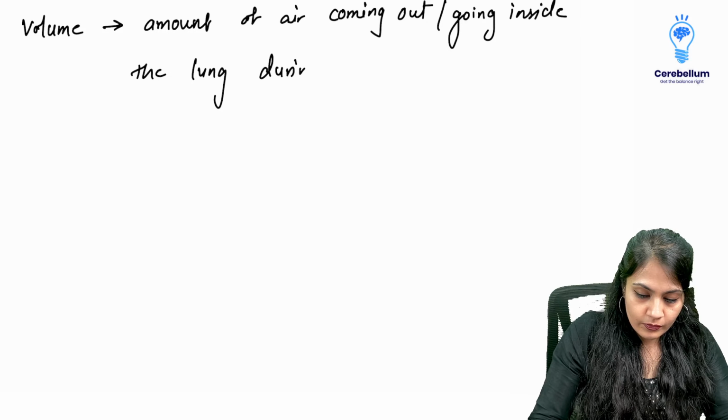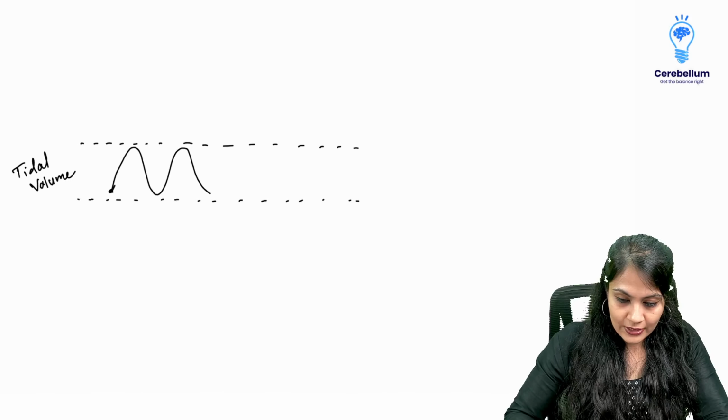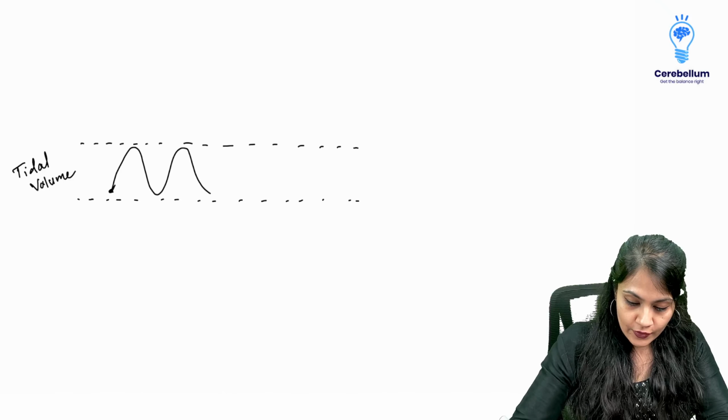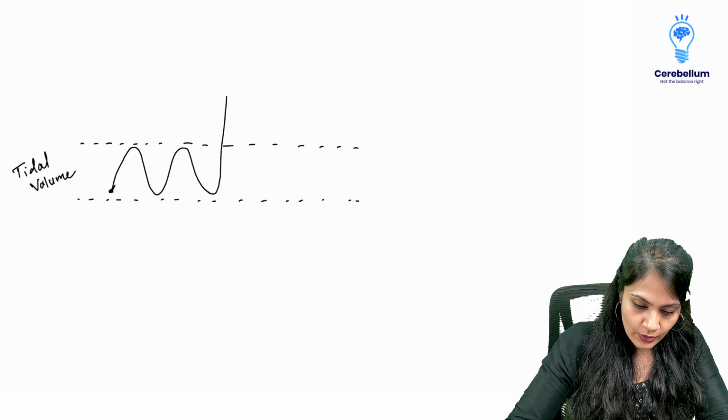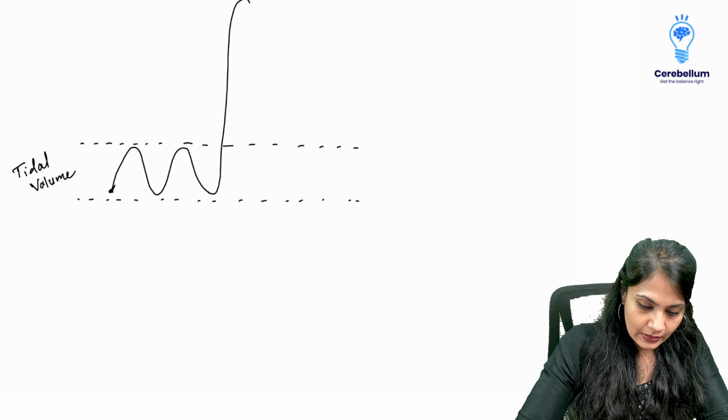All right, let's move on to the next volume and capacity. If I ask the subject to inspire forcefully, what will happen? The graph will go much above. Whatever extra amount of air on and above the normal respiration, the extra amount of air the person has inspired, that is known as IRV.